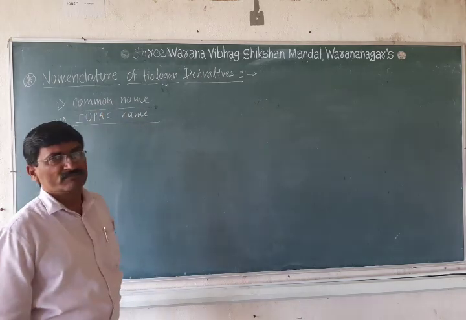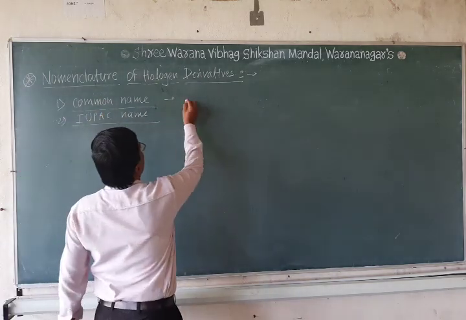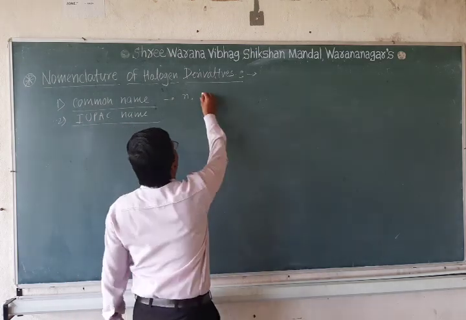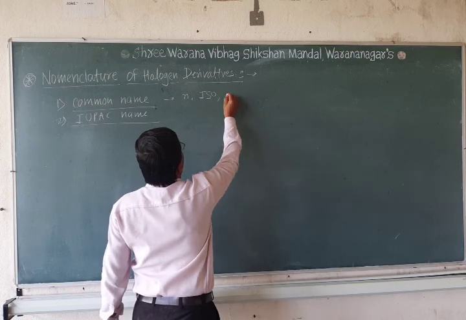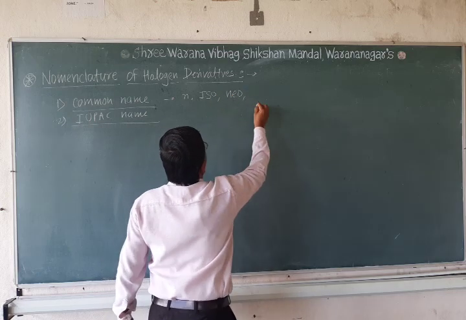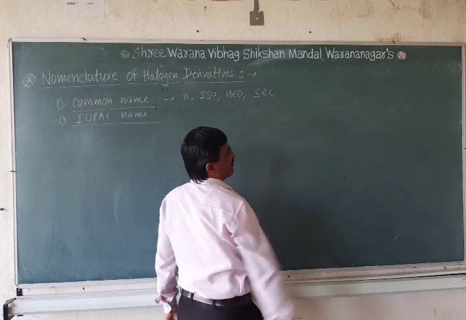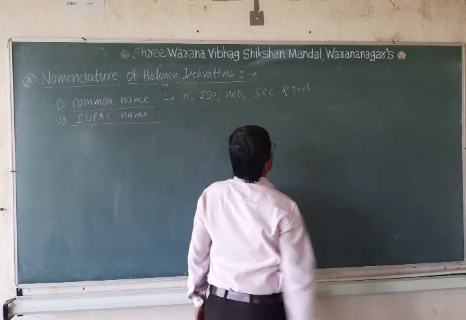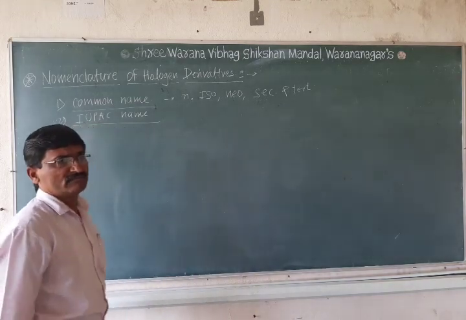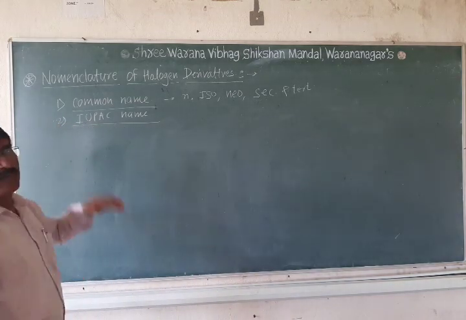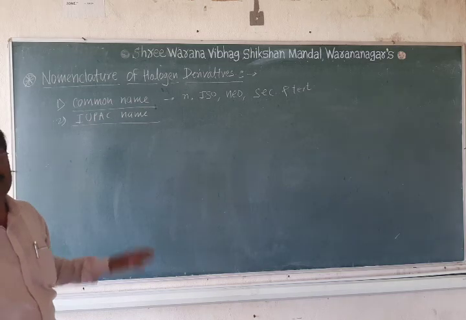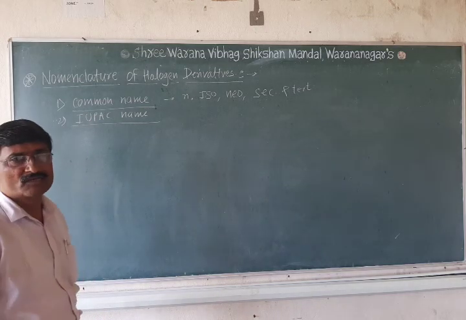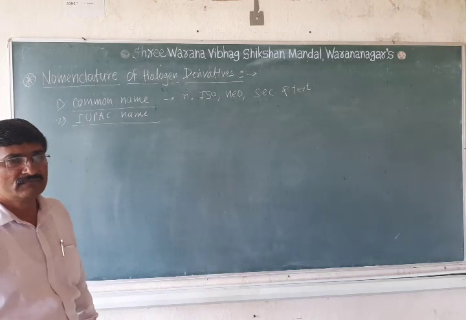While studying the common name as well as the IUPAC name, for the common name system we have to use n for normal, iso, neo, secondary, that is sec, and tertiary, in case of an open chain compound, that is, in case of an alkyl halide.